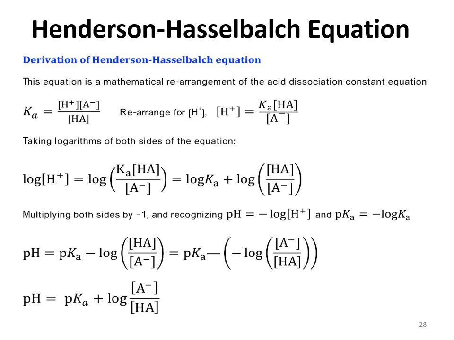We already know the acid dissociation constant equation: Ka is equal to H plus, the concentration of hydrogen ion, times the concentration of the negative ion, divided by the undissociated acid. After rearrangement, we have the hydrogen ion concentration on one side and the other side is divided by the negative ion.